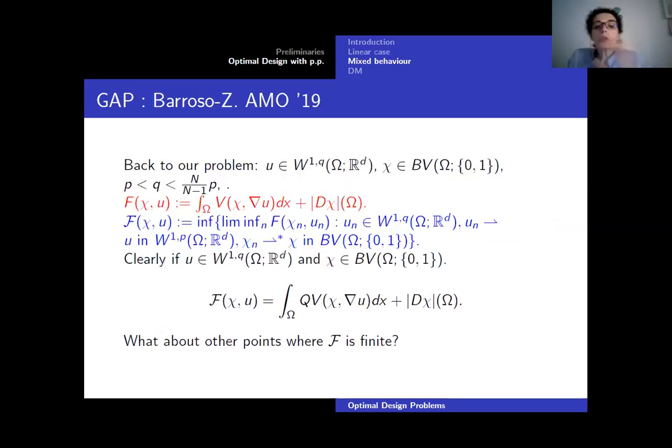Well, so let me go back to our model, the one that I started with, but now there is a gap. I'm assuming, for the reasons that I was specifying before, that even without chi there are a lot of complications if we don't impose this restriction for the exponent q, let's say q in between p and (N-1)p/(N-p)... I recall to you that capital N is the dimension where the domain omega lives.